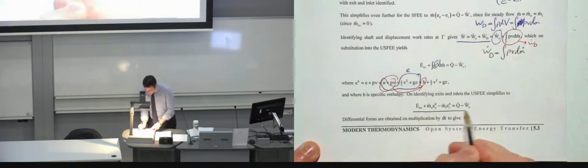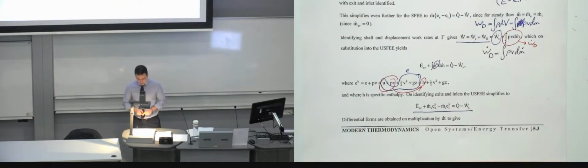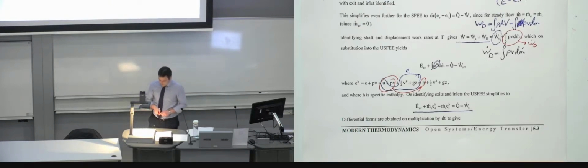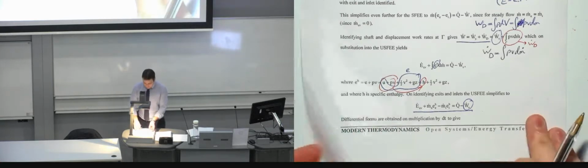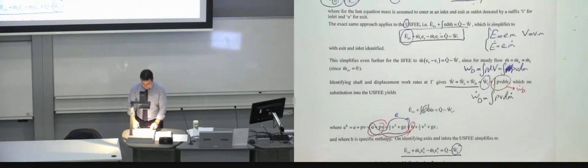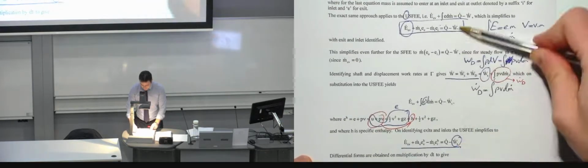And therefore, by going through all those analyses, we have a new form of the unsteady flow energy equation, which replaces E with E^H and changes the right-hand side from a normal W dot to W dot S. And I hope by now we appreciate the difference between this equation and this equation.